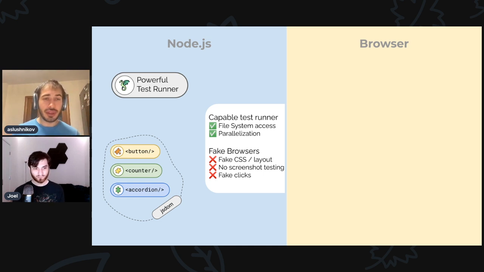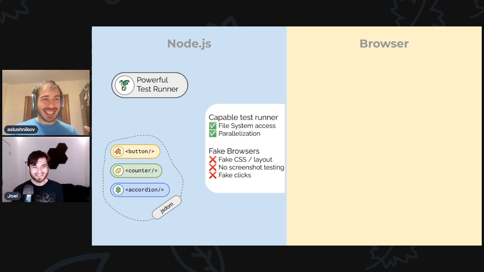You have file system access, you can parallelize things efficiently, but you don't get real CSS and you don't get real layout. I can't do offset height or take a screenshot. Yes, you cannot. It's all just JSDOM, so you cannot do screenshot testing. And your clicks are fake. Of course, there's no mouse, there's no screen.